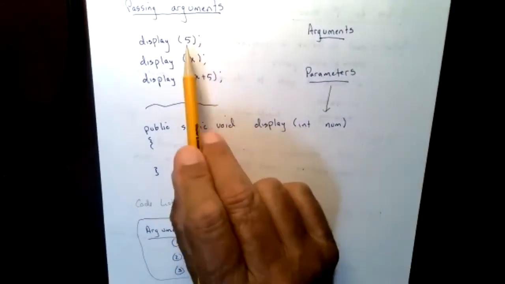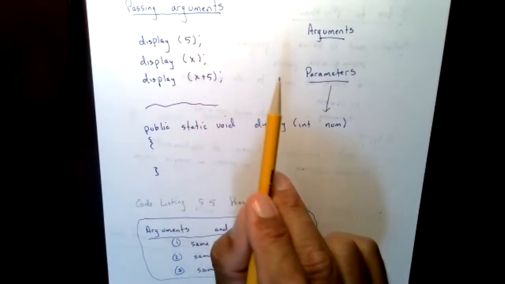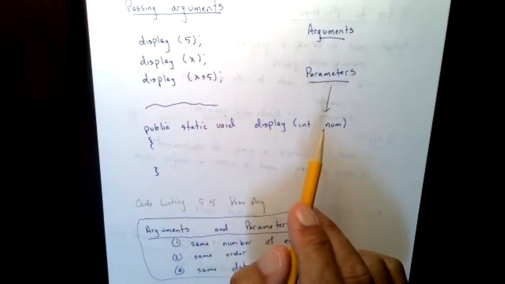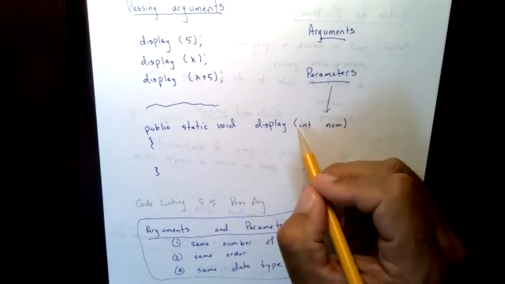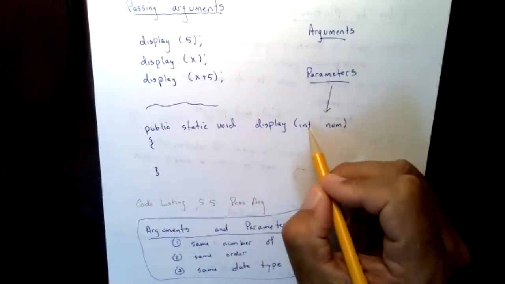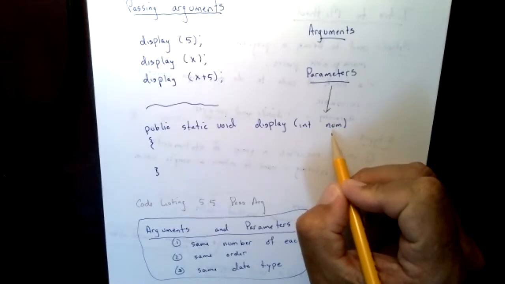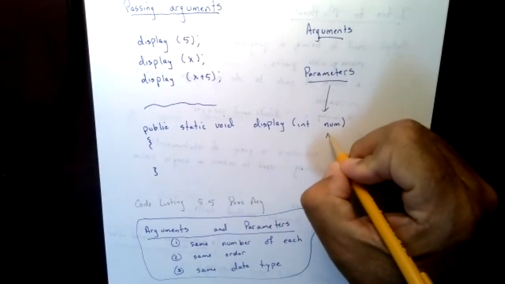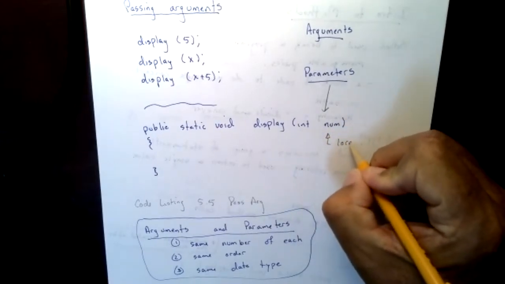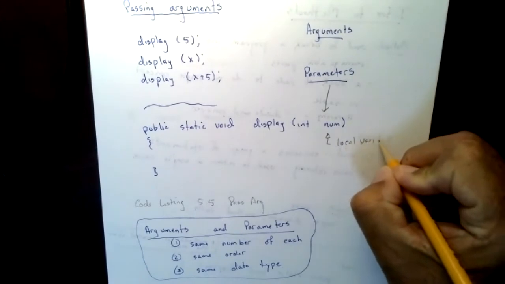A 5 is flying through the air. It's a single thing. I already know its data type is int. So in my parentheses, I have int num. So that 5 now lands inside of this num. This num right here is called a local variable.